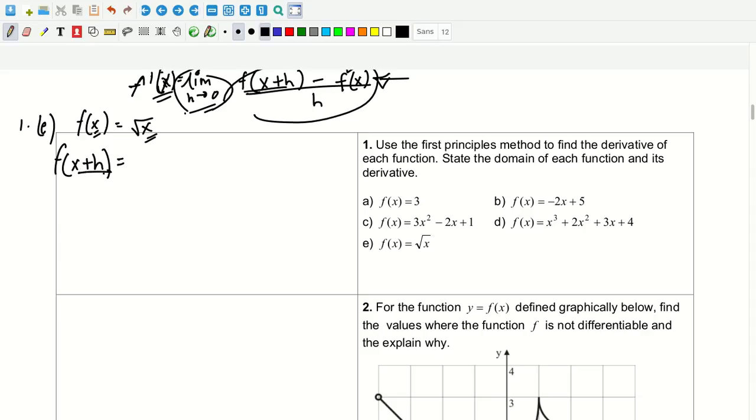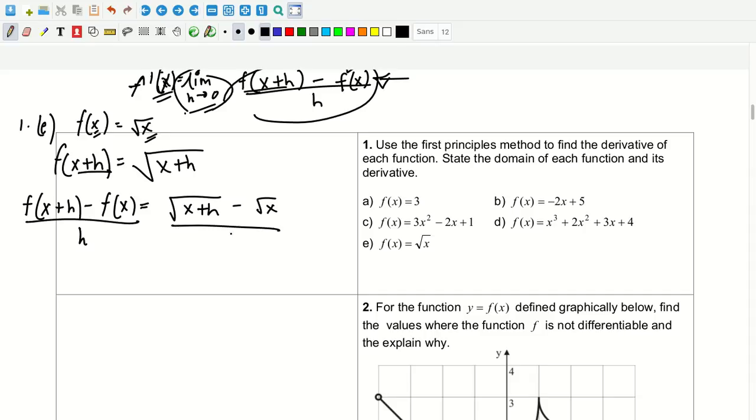The input is longer, it's going to be x plus h, so square root that. So f of x plus h minus f of x will be the square root of x plus h minus the square root of x. Done.